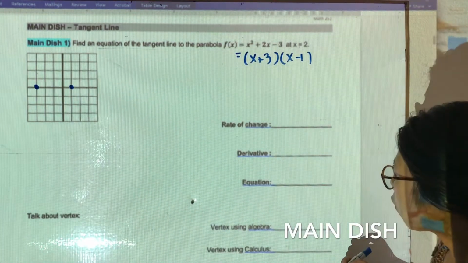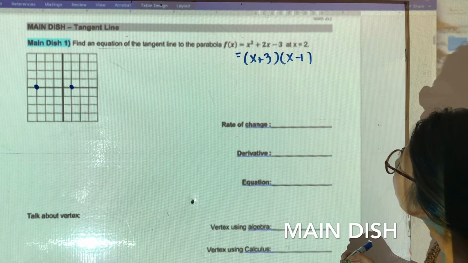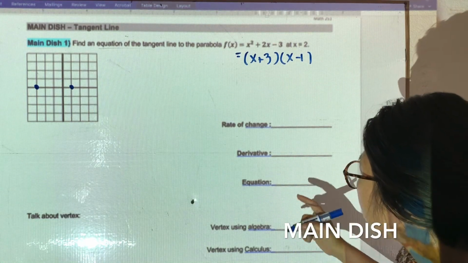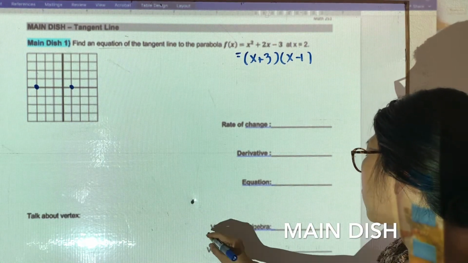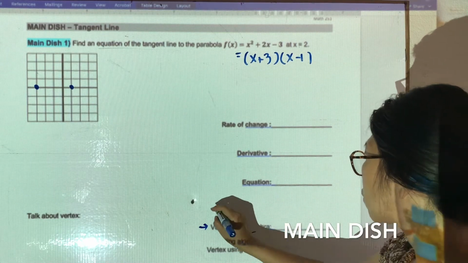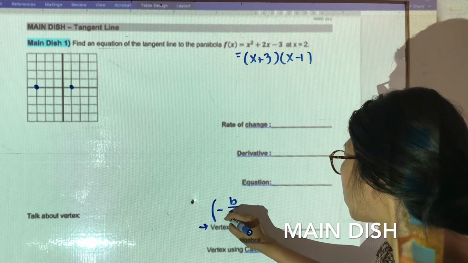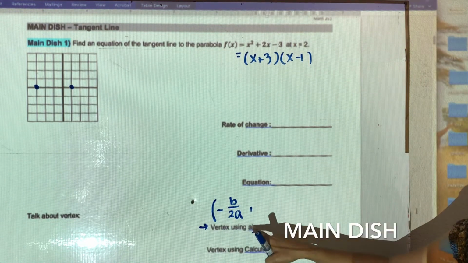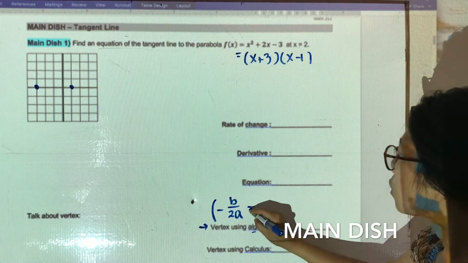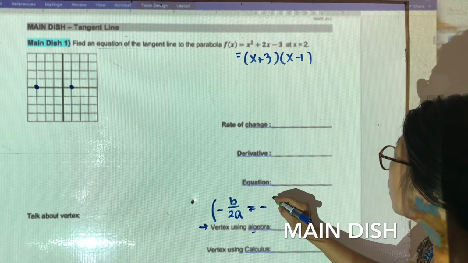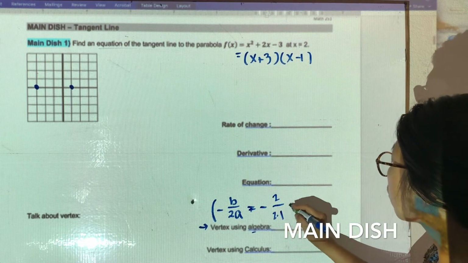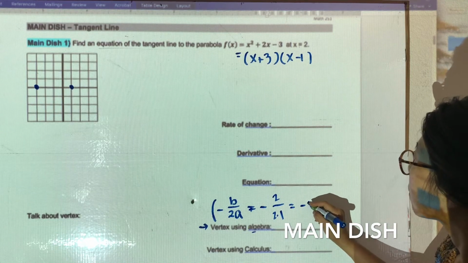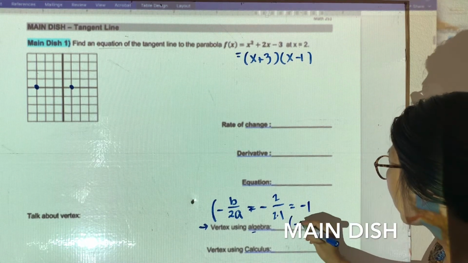And then I want to see if we can find the vertex. So vertex you can find two ways. Actually, I want to find the vertex using algebra. Do you guys remember negative b over 2a as the equation? So if I plug in negative b over 2a quickly, which is going to be negative 2 over 2 times 1, gives me negative 1. So that's going to be my x value.